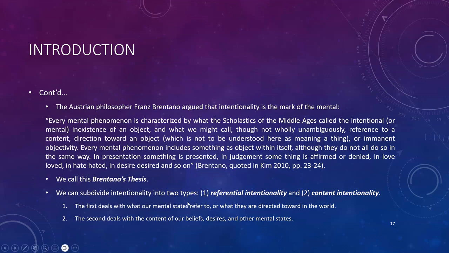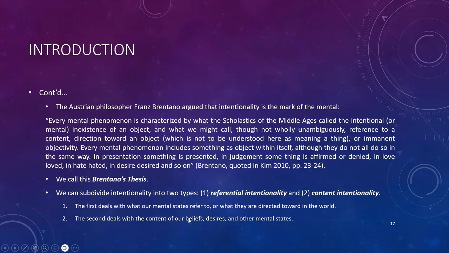And we can actually further subdivide intentionality into referential intentionality and content intentionality. Referential intentionality deals with what our mental states refer to, what they're directed toward in the world. So referential intentionality would be like if I have a memory of my philosophy professor, who is that directed toward? Well, it's directed toward Professor so-and-so, who's out there in the world teaching other philosophy students as we speak.